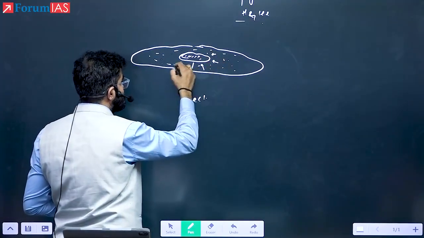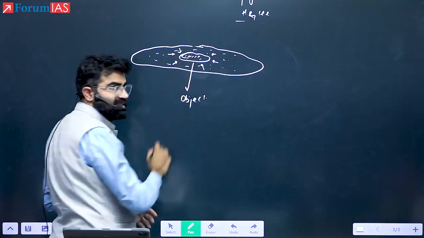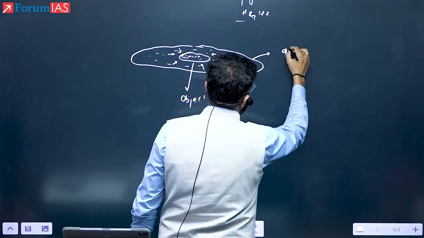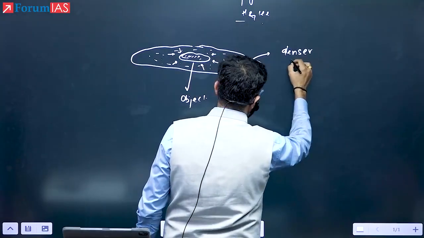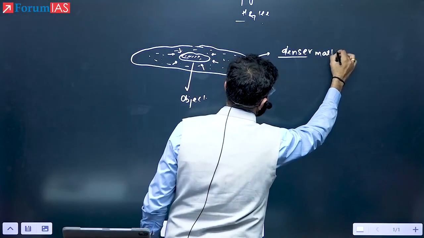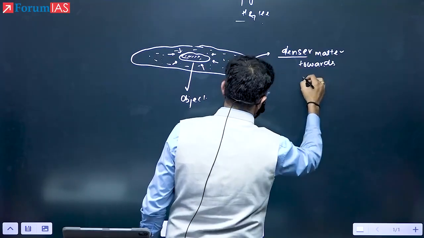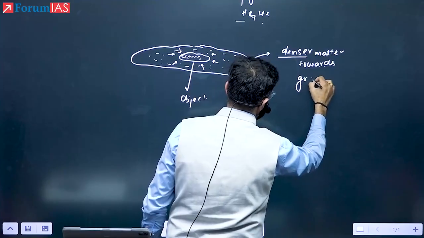Can you tell me why it was coming to the center? Because it was denser. When denser matter goes inside towards the center, this method is known as gravitational collapse.